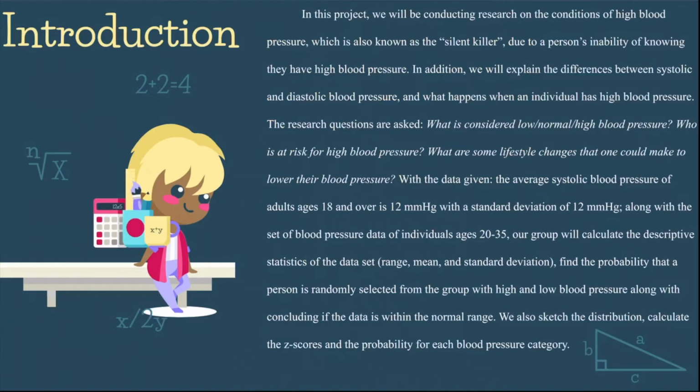Find the probability that a person is randomly selected from the group with high and low blood pressure, along with concluding if the data is within the normal range. We also will sketch the distribution, calculate the z-scores, and the probability for each blood pressure category.